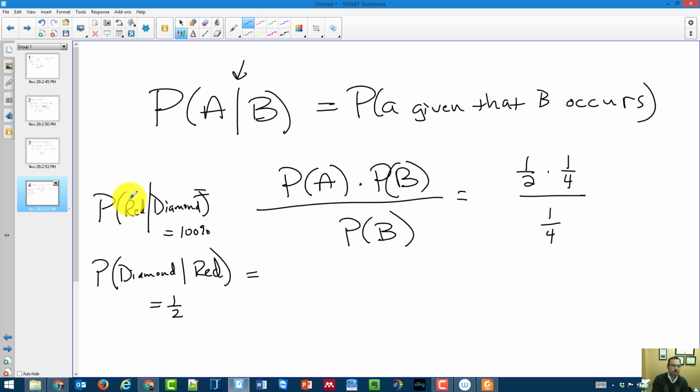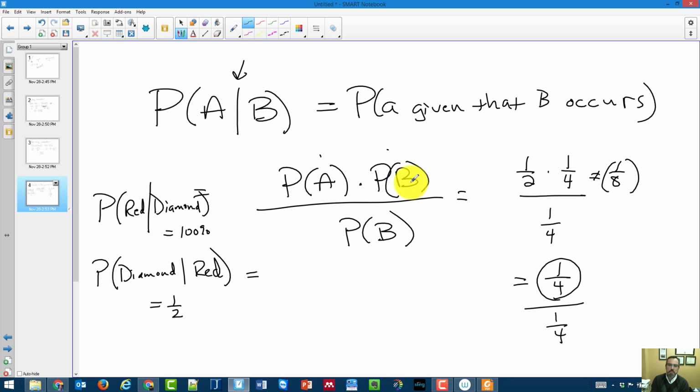So the probability of drawing a red card if I know this thing is a diamond, notice we have some problems here. This probability of A and B is not 1/8. The probability of drawing a red card and a diamond, to be a red diamond, I actually know that the correct answer for that is 1/4, because 1/4 of the cards are red diamonds.